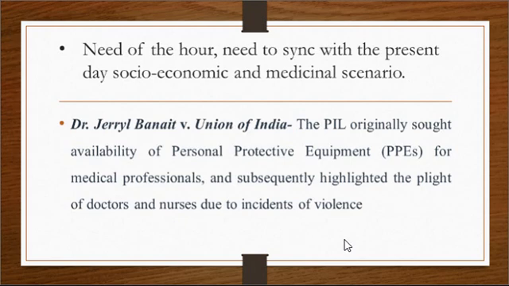So basically, this Dr. Gerald Bennett versus Union of India was a public interest litigation that was filed to invoke something, to give further protection to the healthcare personnel, doctors, and nurses who are providing day-to-day services. Every hour they were providing services to the common people. All right.